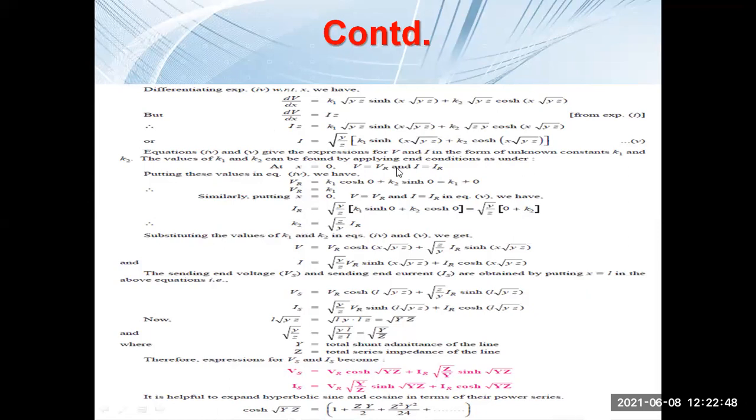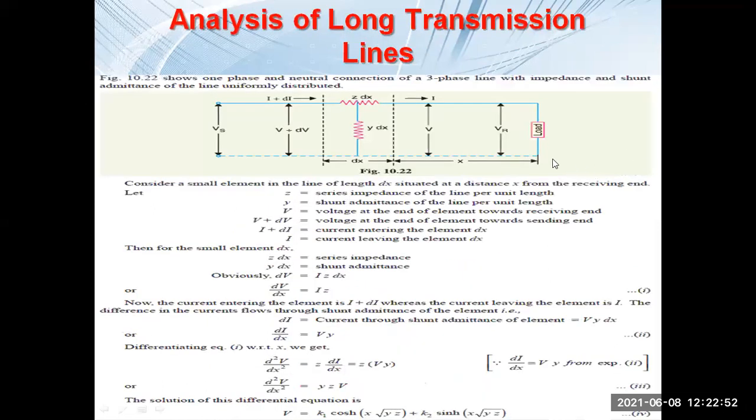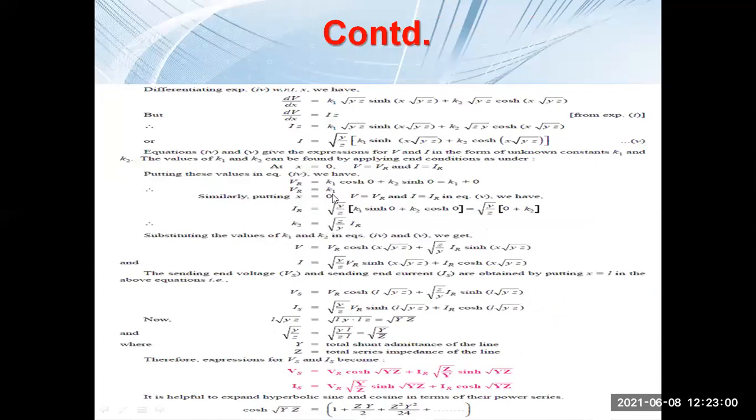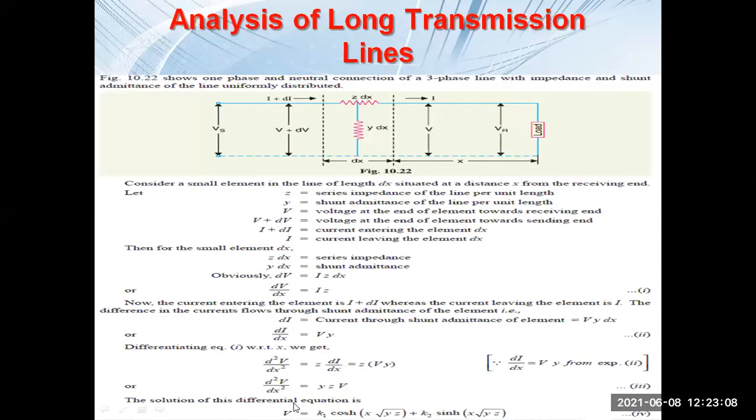Then at x equal to 0, which means at the receiving end, V will be equal to VR and I will be equal to IR. We have assumed this solution: V equal to K1 into cos hyperbolic x into square root of YZ plus K2 into sine hyperbolic x into square root of YZ.